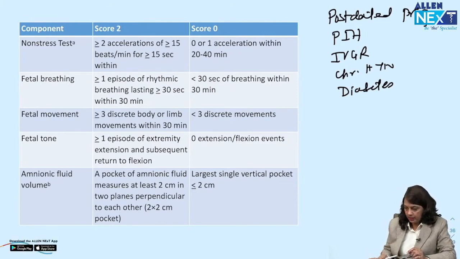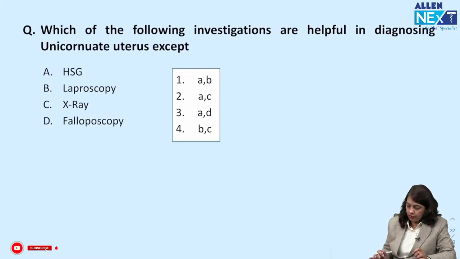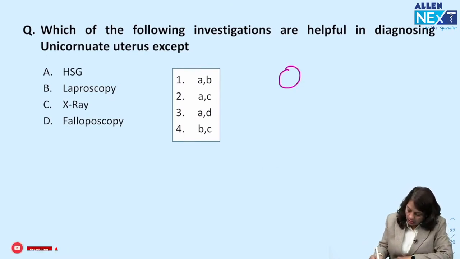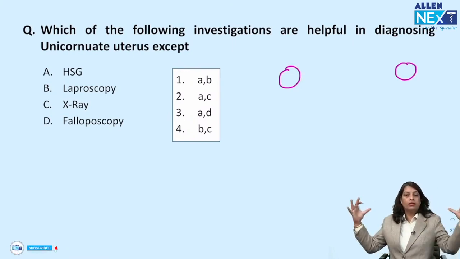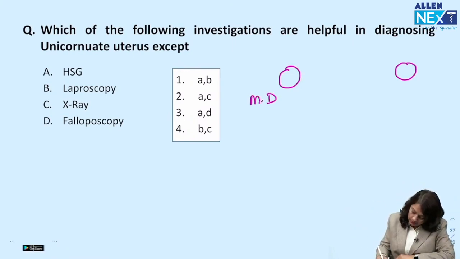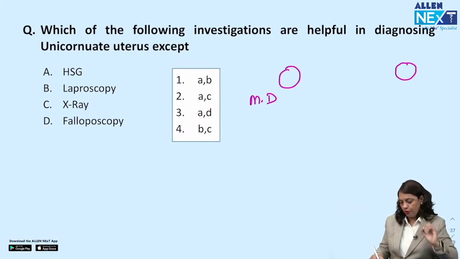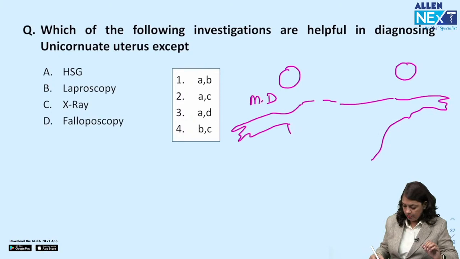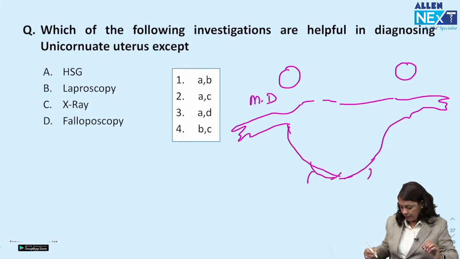ठीक है. Next, which of the following investigations are helpful in diagnosing a unicornuate uterus? Unicornuate uterus, usually there are two Mullerian ducts. They fuse to form a single uterus, fallopian tube, cervix and upper part of vagina.